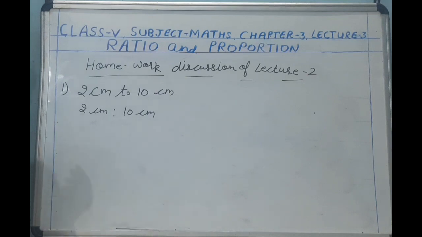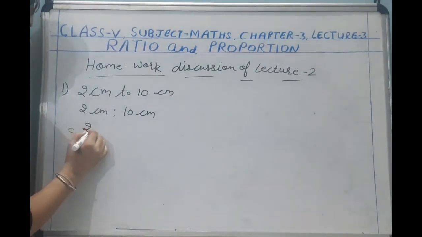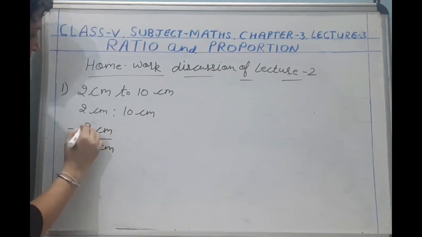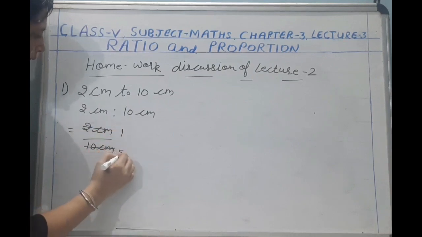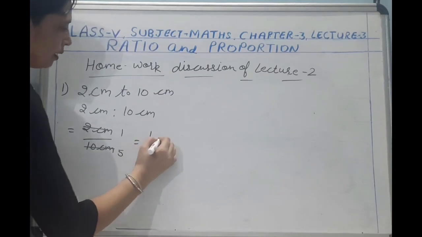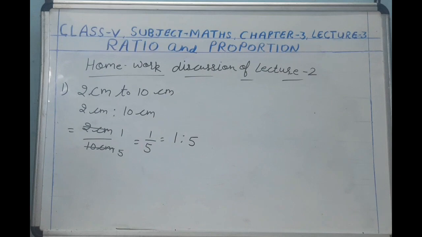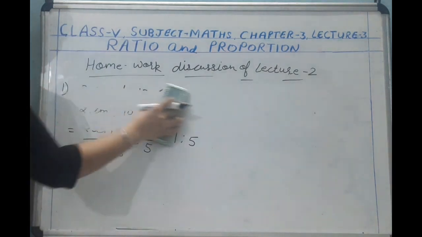And in simplest form, we can write 2 1s are 2, 2 5s are 10, so 1 upon 5, or 1 ratio 5. Have you got the correct answer? Yes, very good. If no, you will do correction work. Okay. Next was your question number 2.